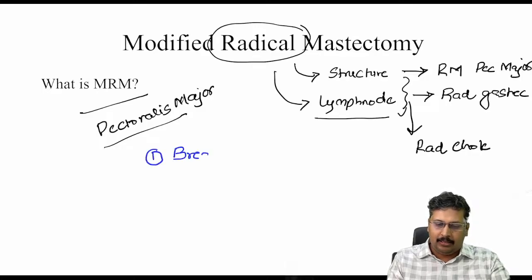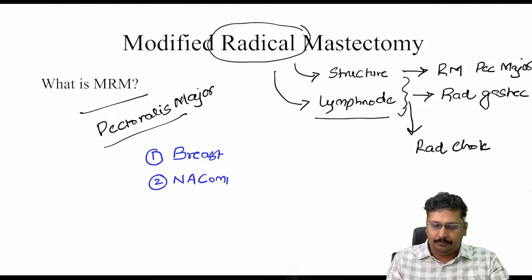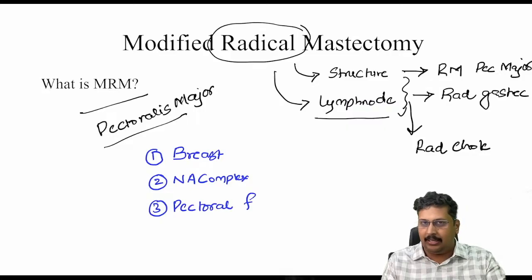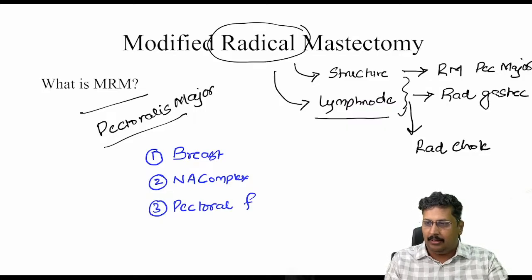One is the breast, second one is the nipple areola complex, third one is the pectoral fascia. So you should be careful. It is not the pectoralis muscle, either major or minor, but it is the pectoral fascia. And the fourth one is, we will always do an axillary dissection.